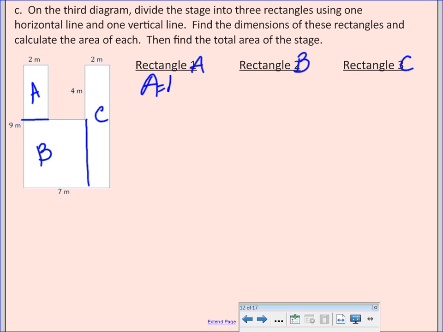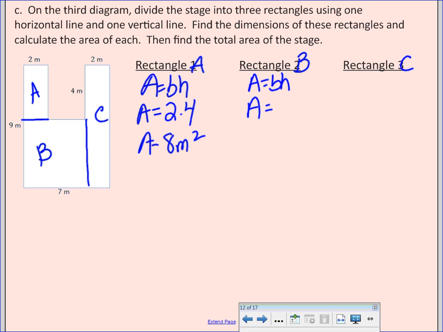Formula. What is my base and height of shape A? Base 2 and the height is 4. Rectangle B. What's the base of B?